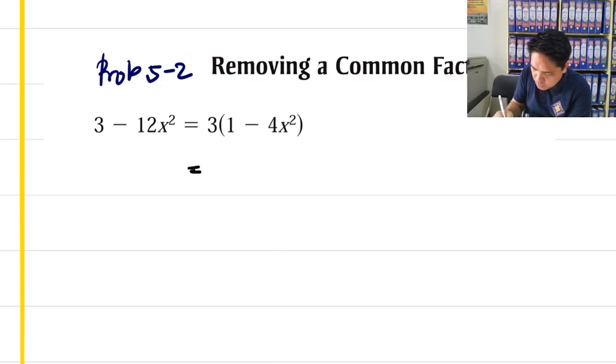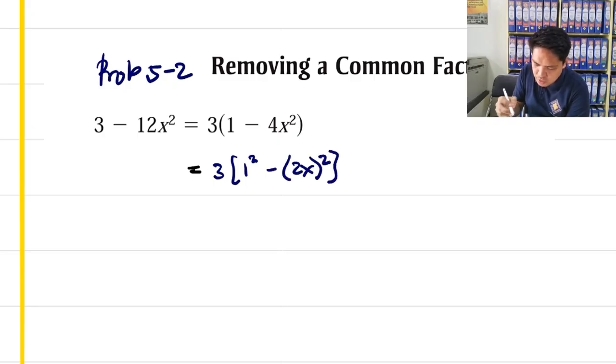That would be 3 times, let me write it this way, 1 squared minus 2x squared. Now, this corresponds to the form a squared minus b squared, where a is 1 and b is 2x.